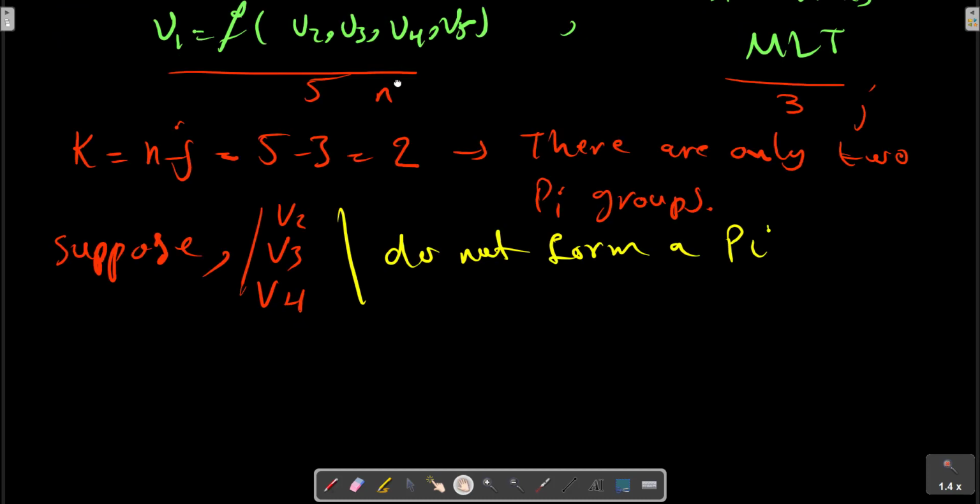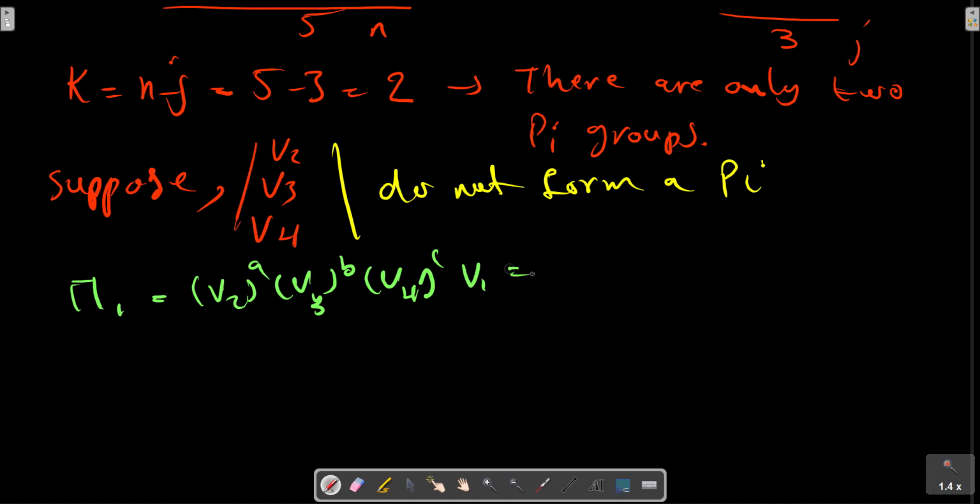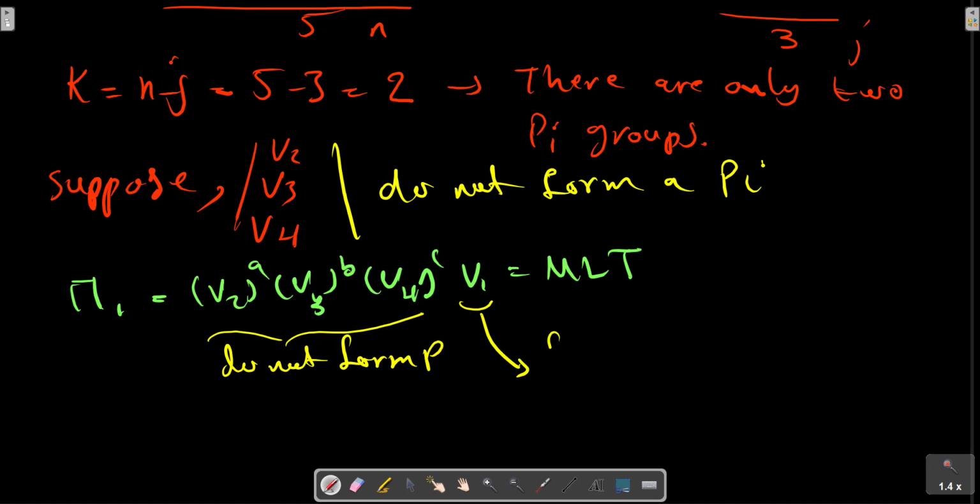So pi 1 equals v2 to the a, v3 to the b, v4 to the c, multiplied by v1. These 3 parameters with allocated powers do not form a pi, and this product helps us find the first pi.